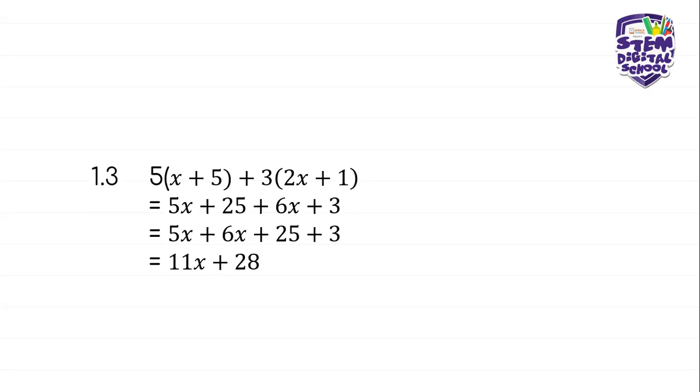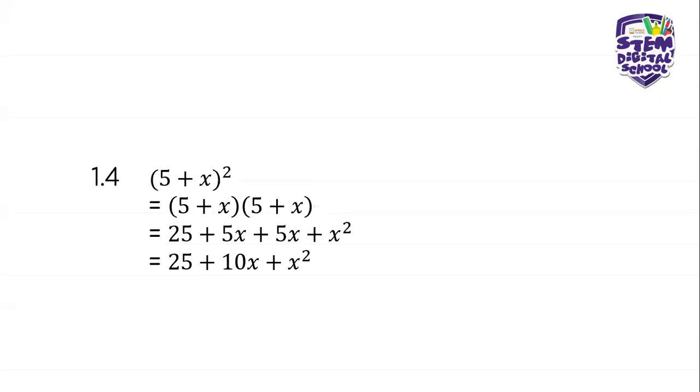And then if you multiply 3 by 2x, you get 6x. And then the same 3, if you multiply it by 1, you get 3. So 5x, once again, you collect the like terms. And the like terms in this case are 5x and 6x. And then if you add them together, they will give you 11x. And then 25 plus 3 is 28. You can see the final answer will be 11x plus 28.